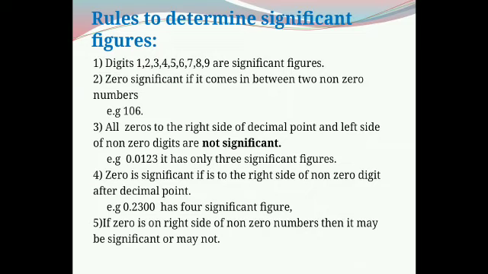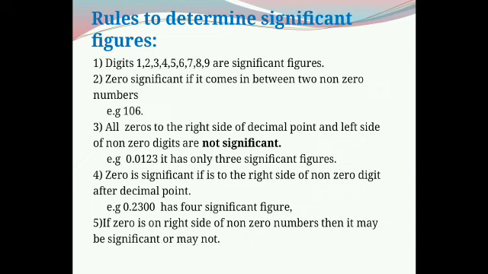But those zeros are on the left hand side of the non-zero digit, and therefore those two zeros are not considered significant figures. And therefore this example has only 3 significant figures, that is 1, 2 and 3.